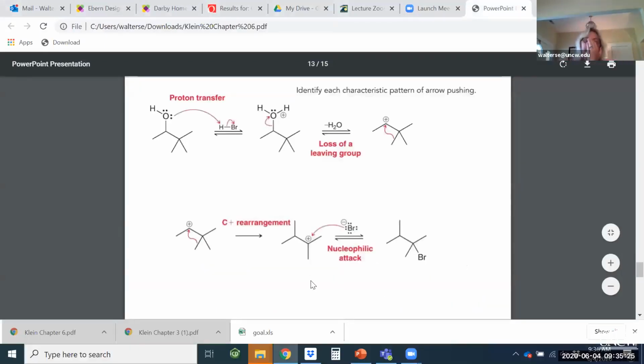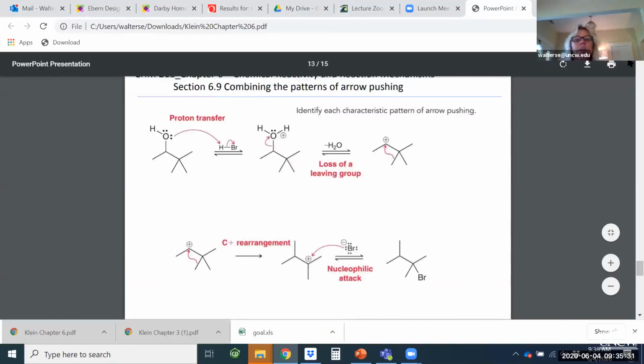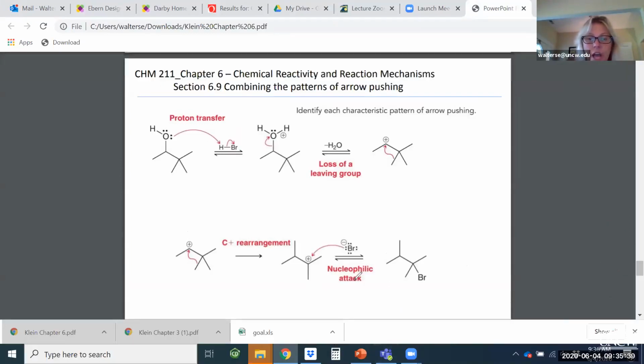So these are the last 3 slides of the posted information. And the types of things that you're going to see on Monday in terms of the exam, if it's product prediction, it would be with the arrows shown. It wouldn't be product prediction with no arrows shown.